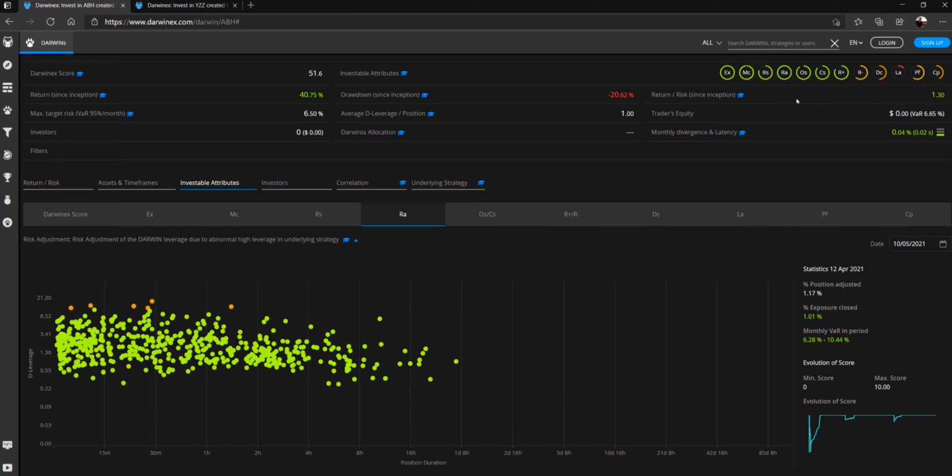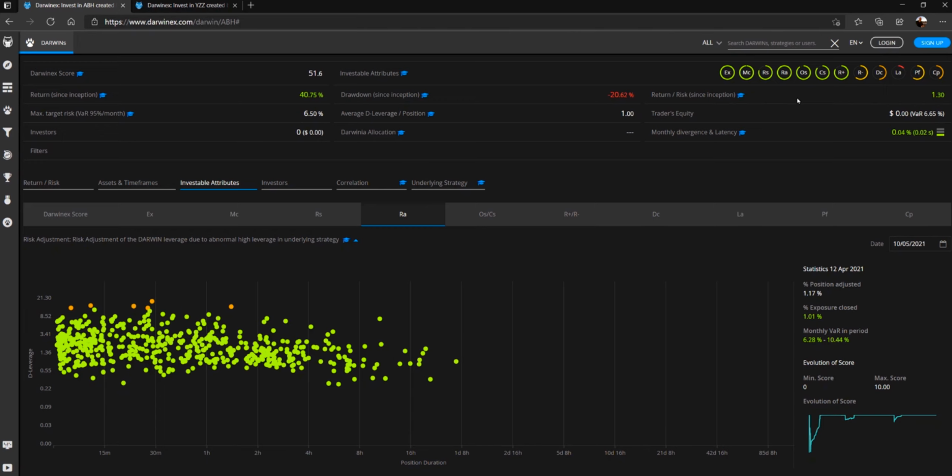And that's regardless of what the value at risk of the underlying strategy is. So for very aggressive traders operating at a high VAR, their Darwins would be risk adjusted down. Whereas for very conservative traders who are operating on a very low VAR, theirs would be risk adjusted up, providing this 6.5 VAR across all Darwins.